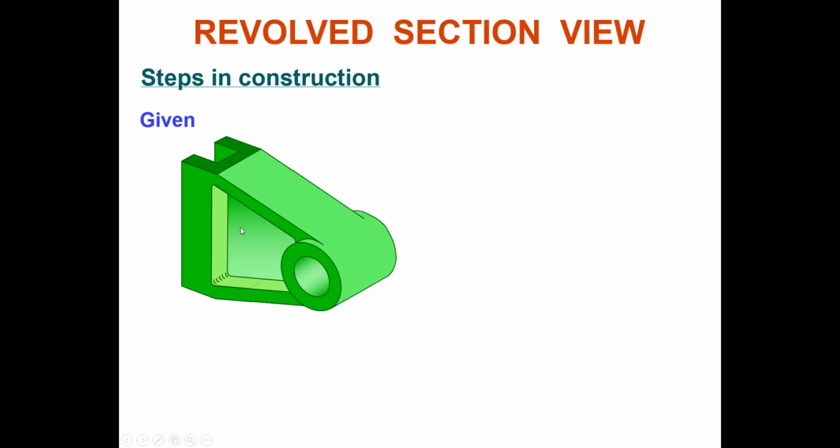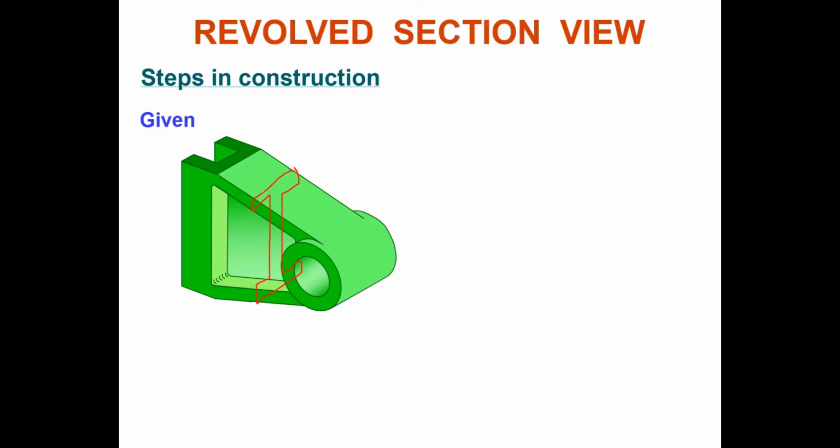Given like this, we have the internal structure. If you look at this internal structure, there is a cut through here. If I cut through this section, we have a thin wall inside, in the middle.